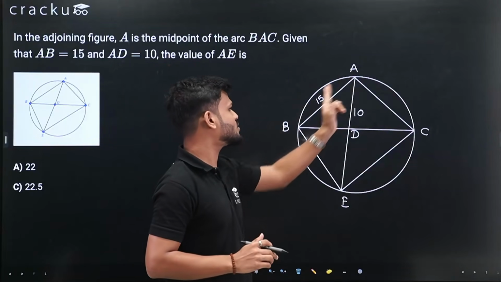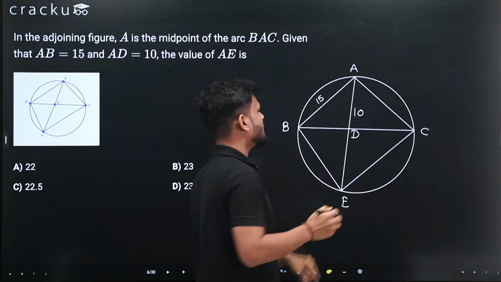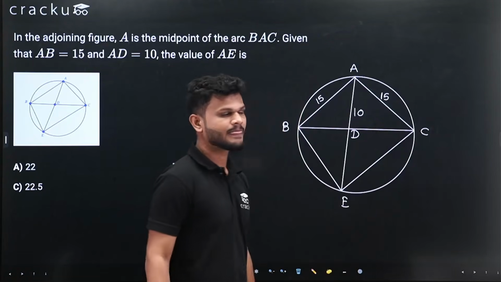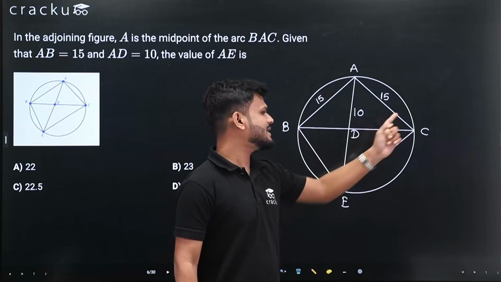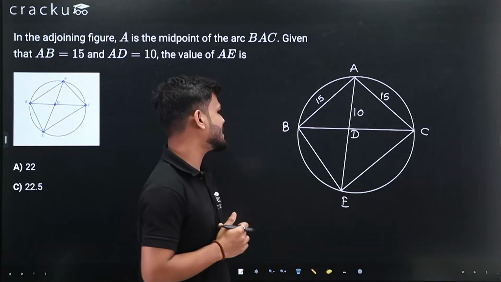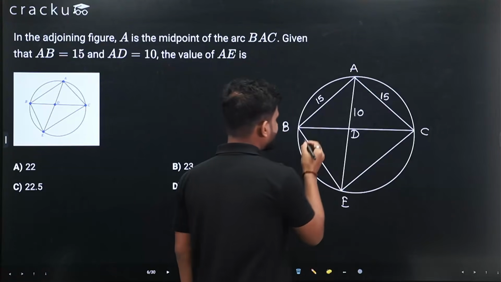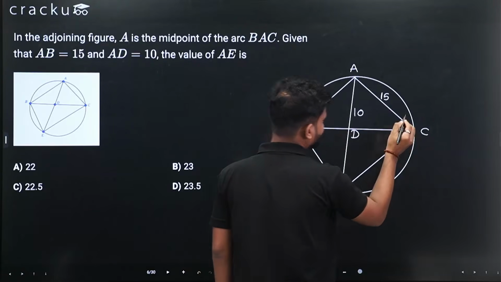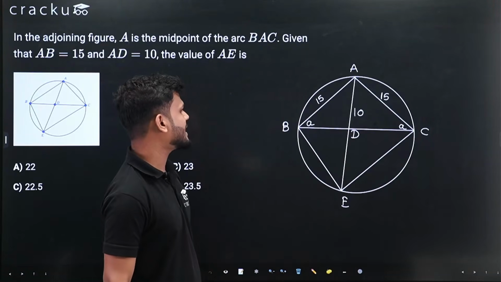If the length of these two arcs is the same, the length of these two chords should also be the same, right? So ABC is nothing but an isosceles triangle. Let us say this is A degree, so this will also become A degree, correct?